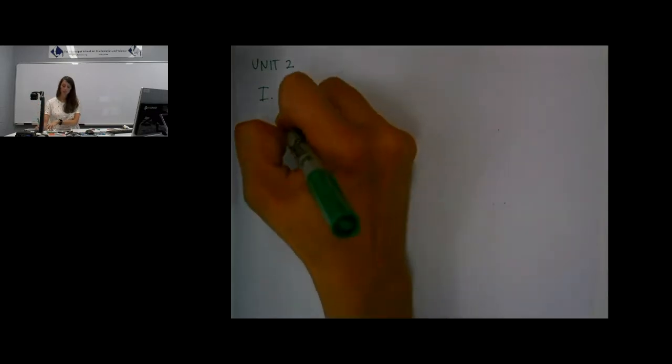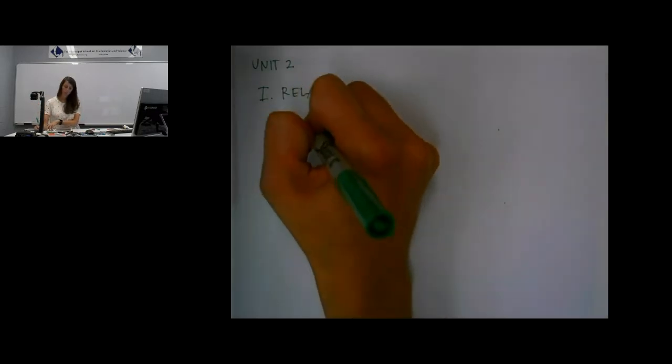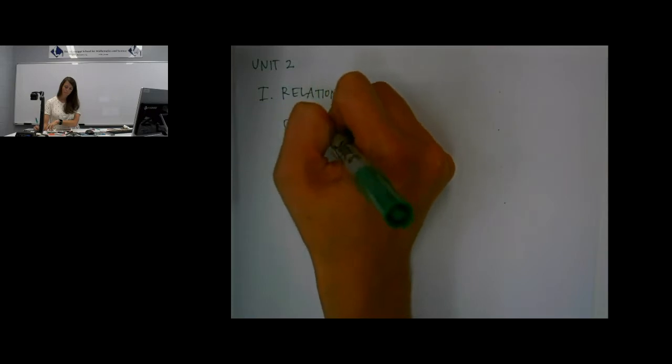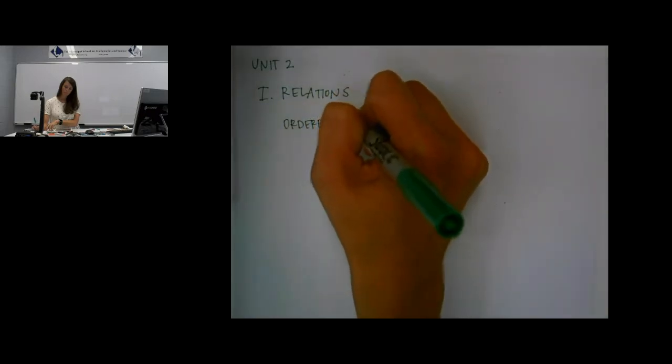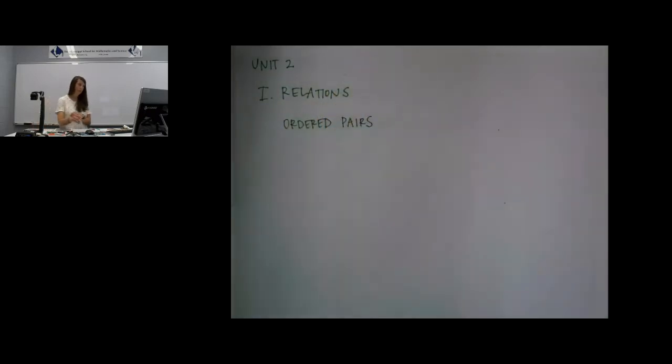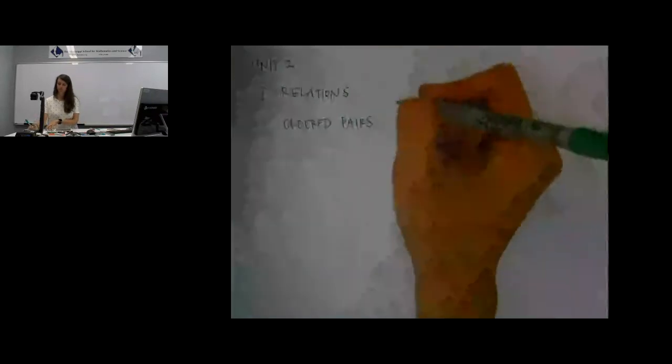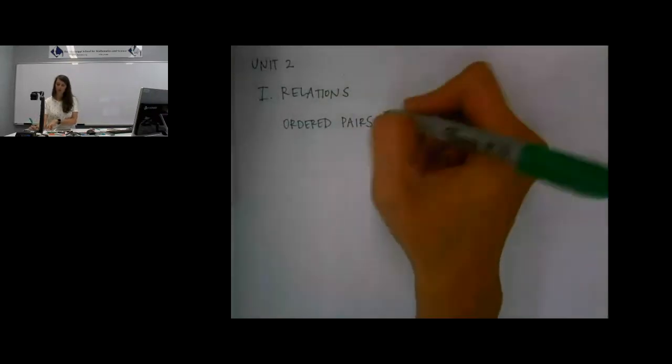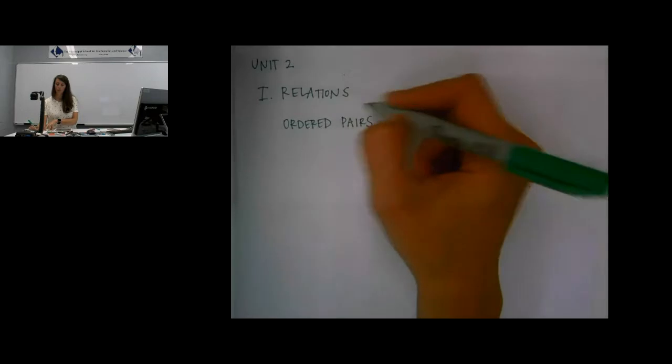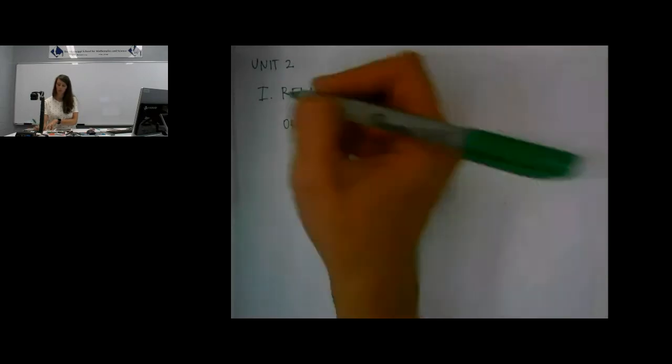So a relation is a set of ordered pairs.